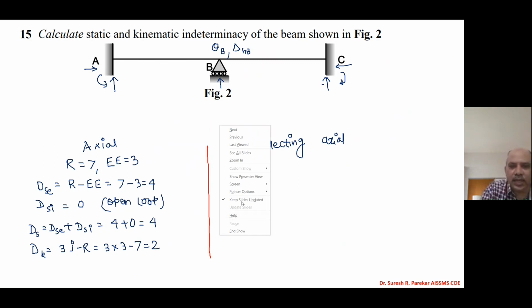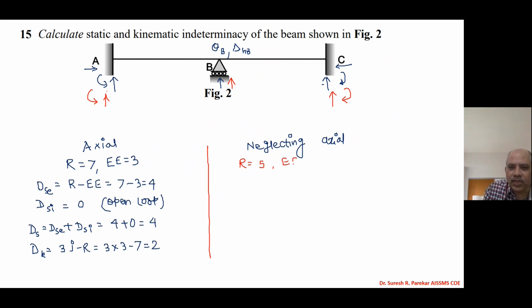Now neglecting axial deformation, we will go with DS. R is equal to, now we have 2 over here, vertical, horizontal we are neglecting, then we have 1 over here, 3, and again 2 over here. So we have total R equal to 5. Equilibrium equations we have 2, and then we will get DSE equal to R minus equilibrium equations equal to 5 minus 2 equal to 3.